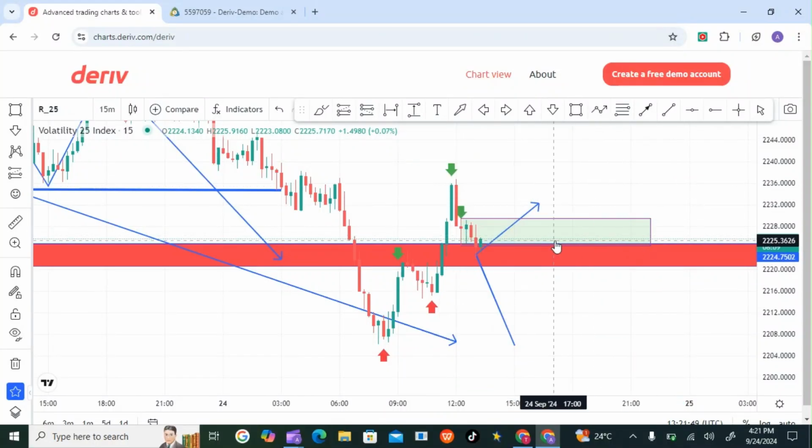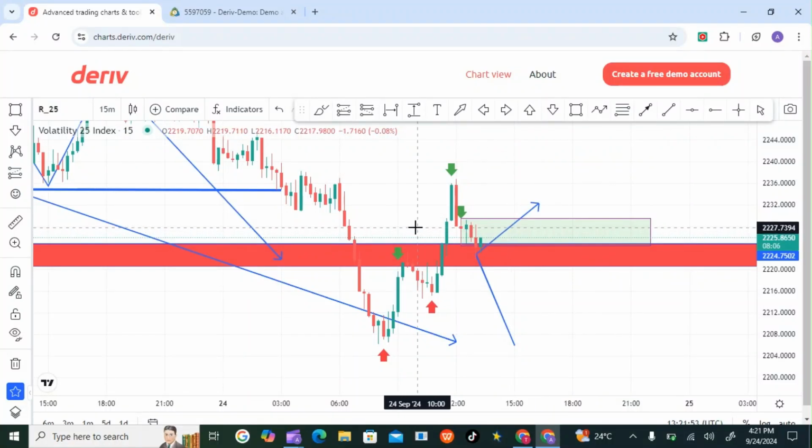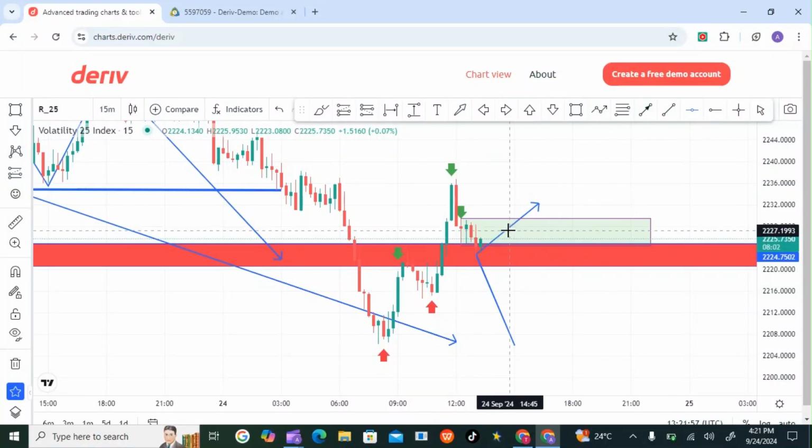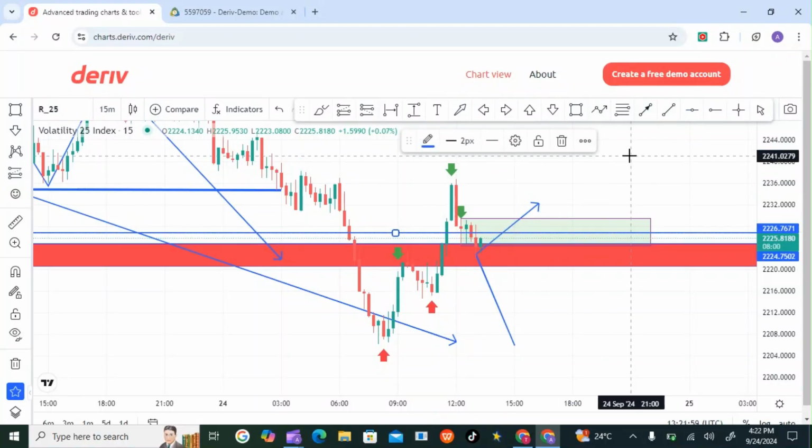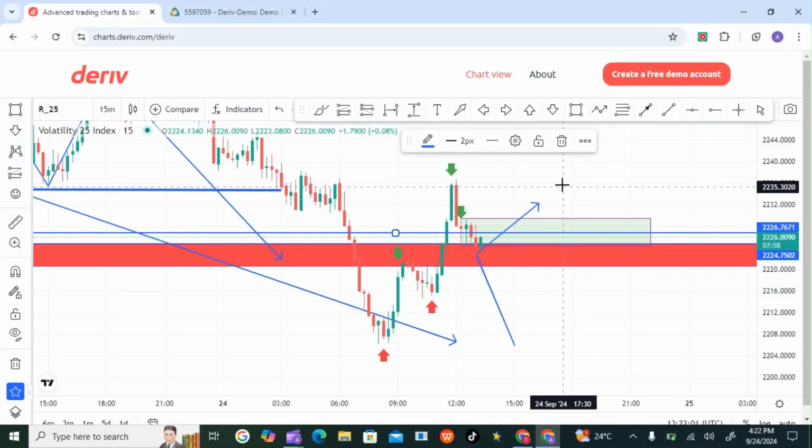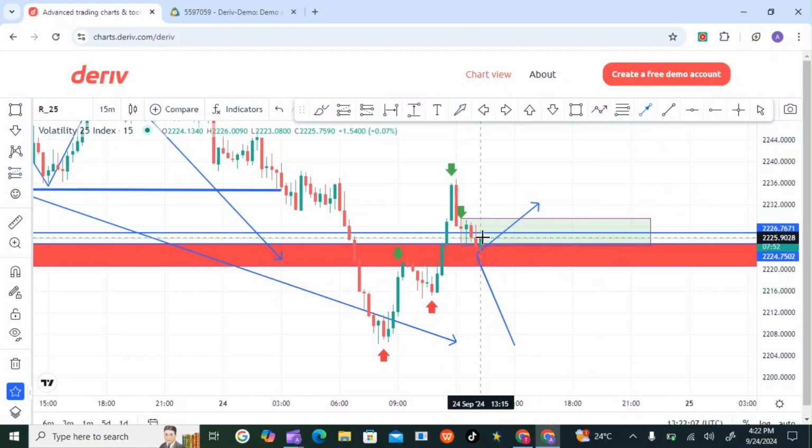You can see this one acts as an order block, meaning this market might not extend in the up direction, so it might just reach there and then return back. Now this is what we call price action. So according to me, this market might reach here and then move downwards.